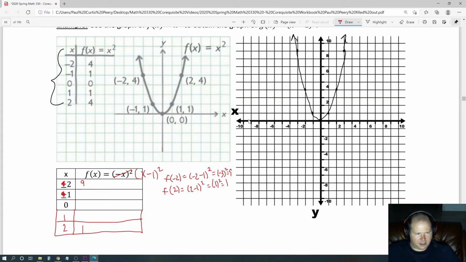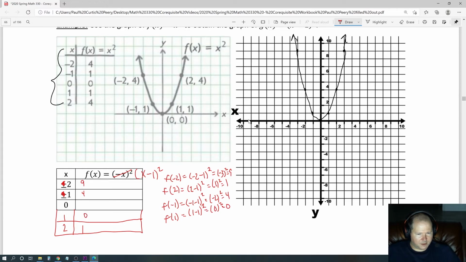Okay, so let's try the -1. So we do f of -1. -1 minus 1 is -2, and -2 squared is a positive 4. What about f of positive 1? Positive 1 minus 1 is 0, and 0 squared is 0.